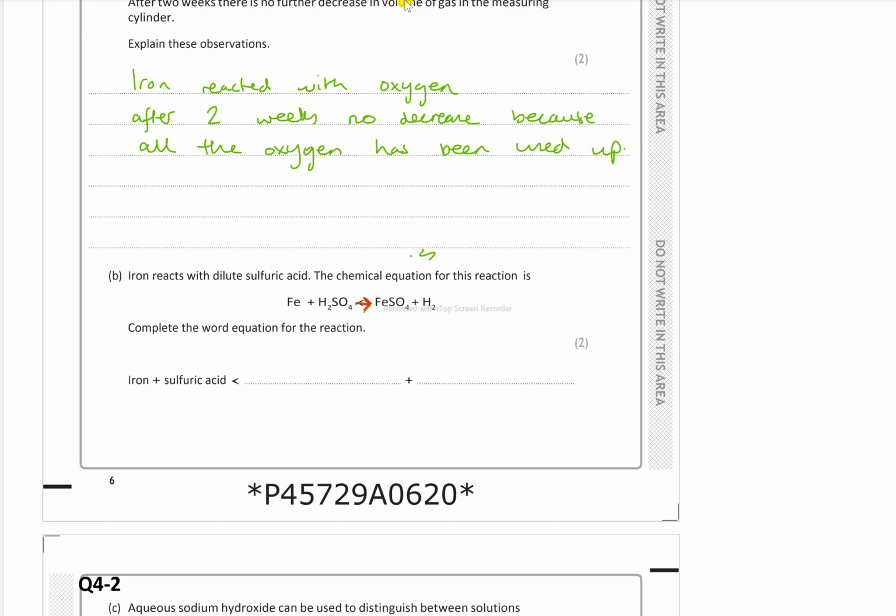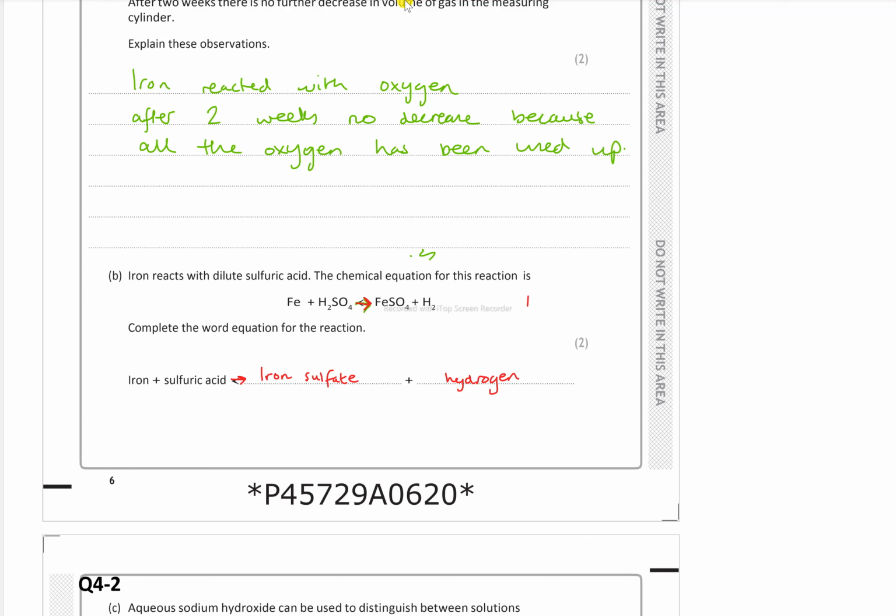So iron plus sulfuric acid gives iron sulfate and hydrogen.